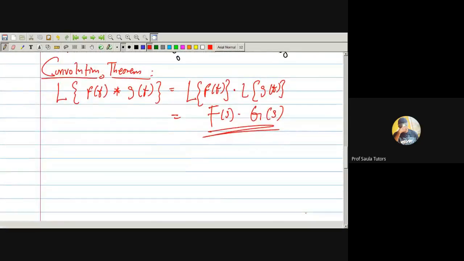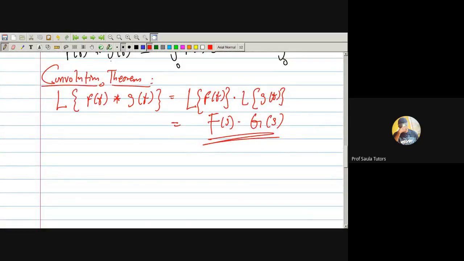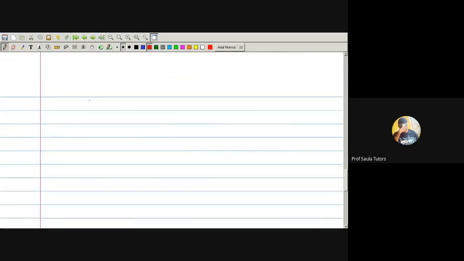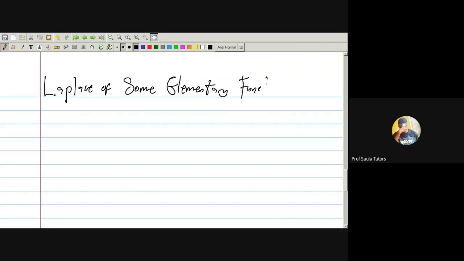Now, the next thing is that we now want to learn the Laplace transform of some elementary functions. Now, pay attention. You see, let me tell you one short story about this thing.